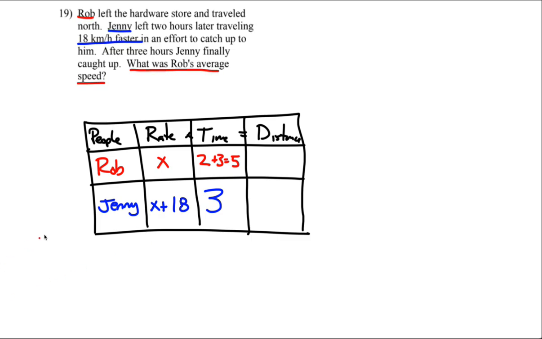And we also know that if Rob went x for 5 hours, his distance is 5x. And we know that Jenny, her speed is x plus 18, and she went 3 hours, so if we distribute, 3 times x is 3x, and 3 times 18 would be 54.